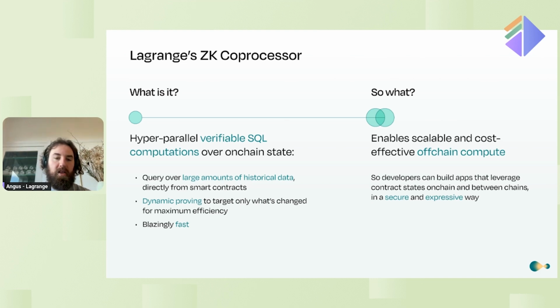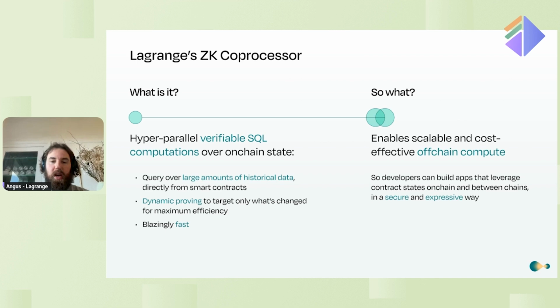And the way it's set up means that the system only generates proofs for state which has changed on the back end, which means it's more efficient with the compute power of the nodes in the network, and also it's very fast to get your results for the proofs for the data that you want to compute over.